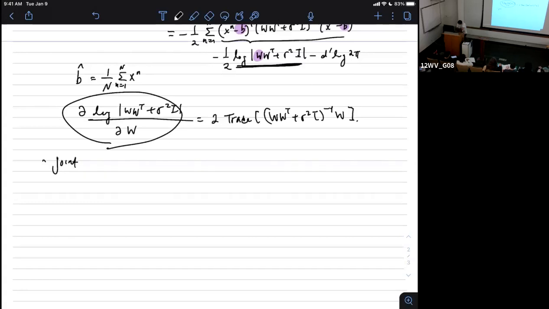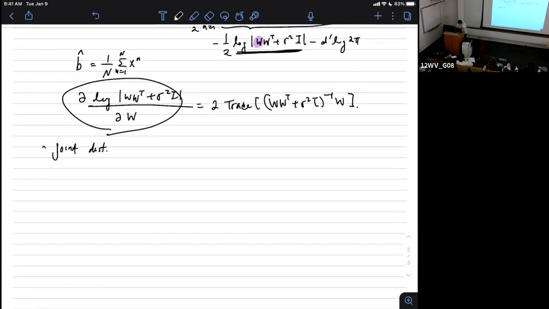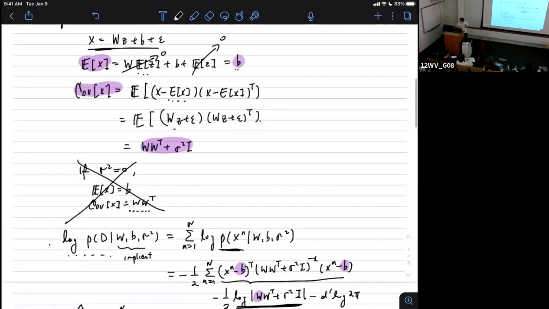But again, a lot of things are for your own exercise. So I'll just write it down for you. In this particular case, the joint distribution over x and z, so we're going to look at the stack of these x and z variables, again under this assumption.